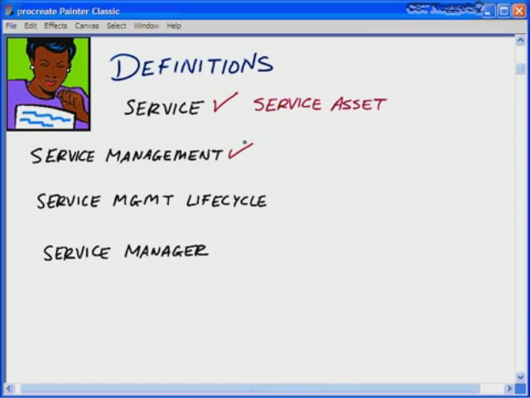And this is such a key aspect, tied so closely to the business needs and the business goals, that it must be managed effectively.